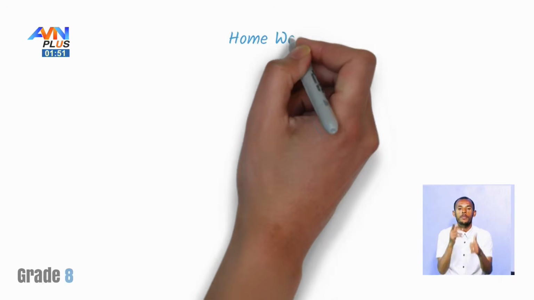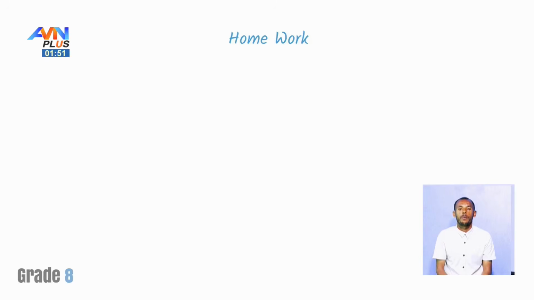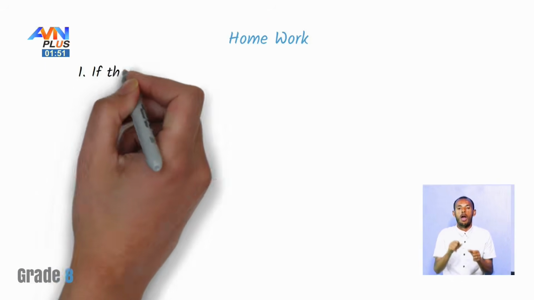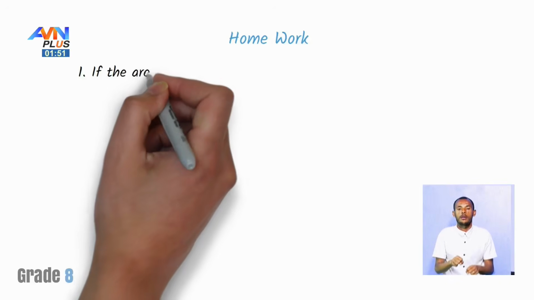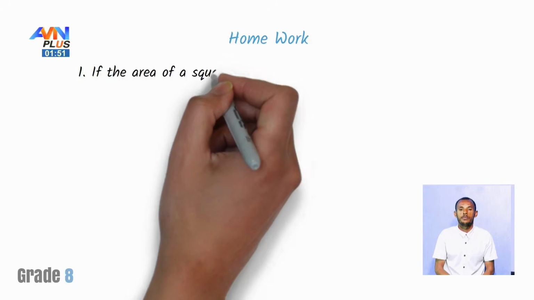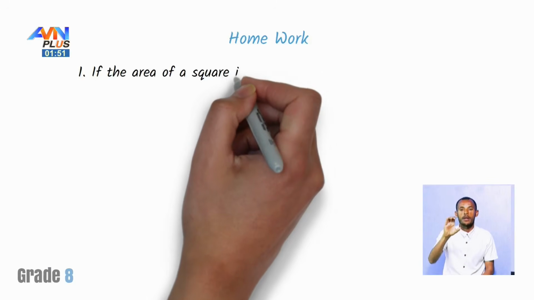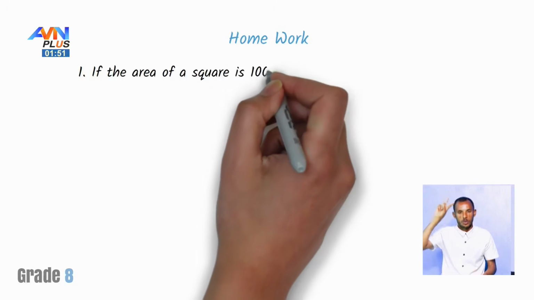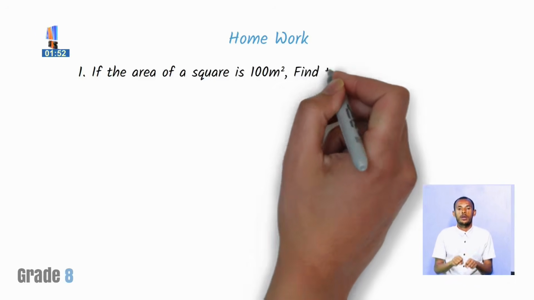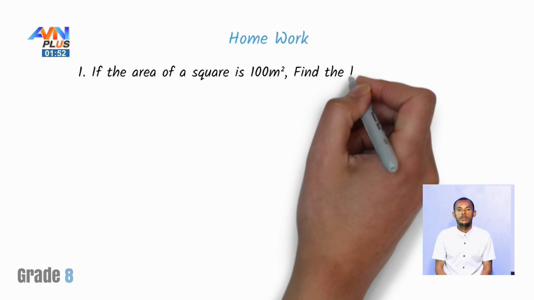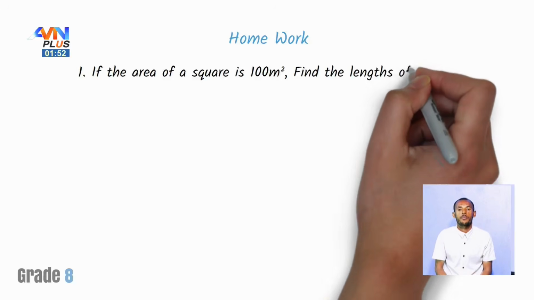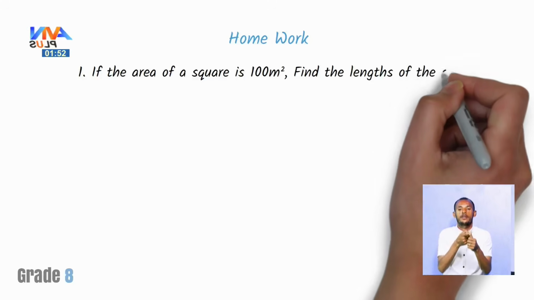The first one: if the area of a square is 100 meters squared, find the length of the square. So this is the first question.